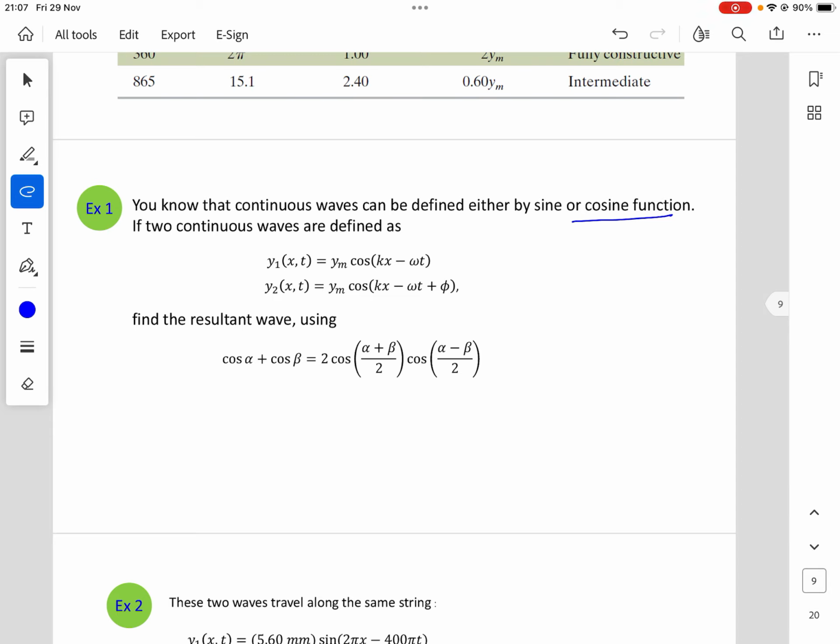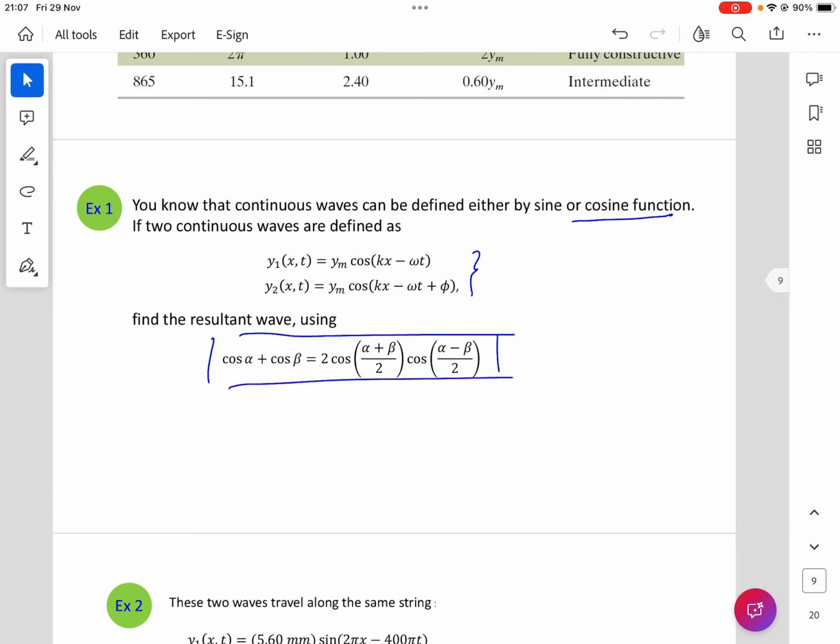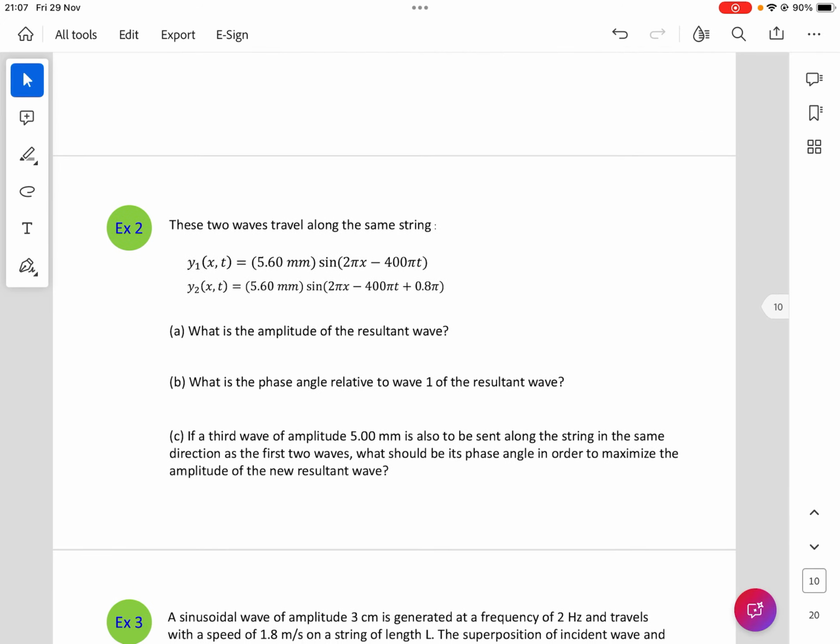Of course, just do some practice to see how to combine two waves in the cosine form, because I already gave you the example in the sine form, right? And you can also get a similar mathematical formula to combine two cosine functions.